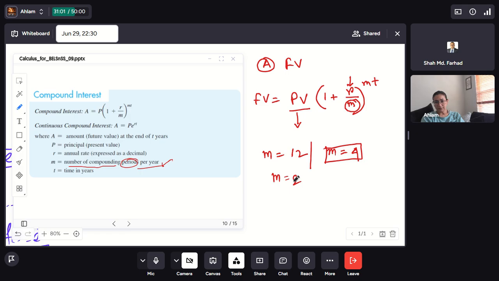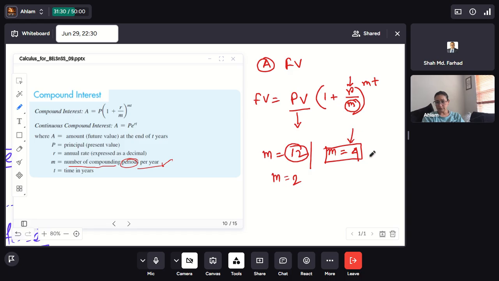Half yearly means how many times? Six months, that means in a year 2 times, right? If the interest is compounded monthly, that means in a year 12 times.